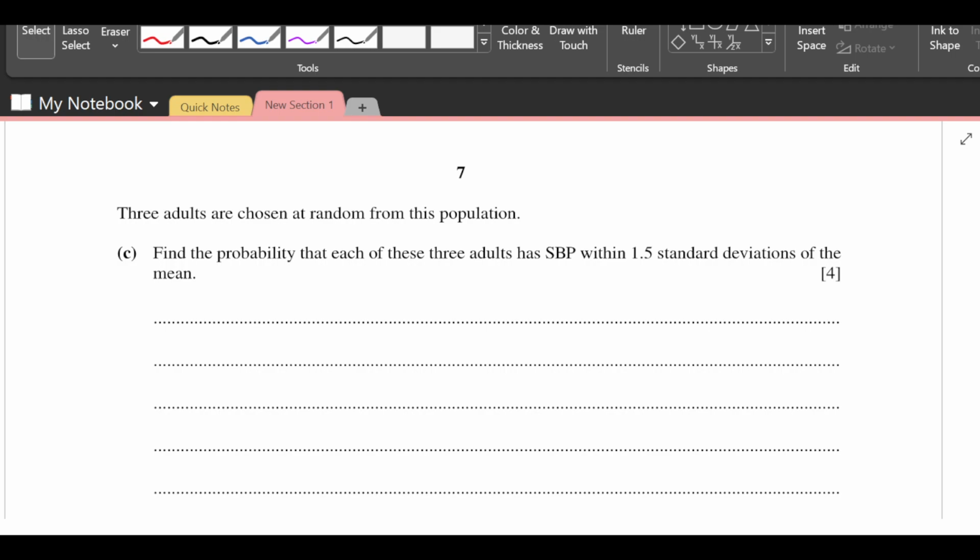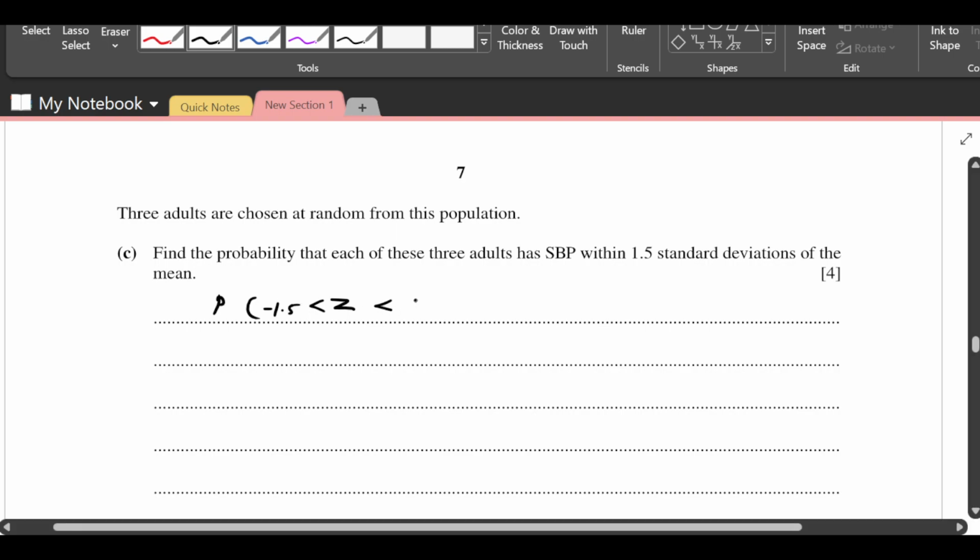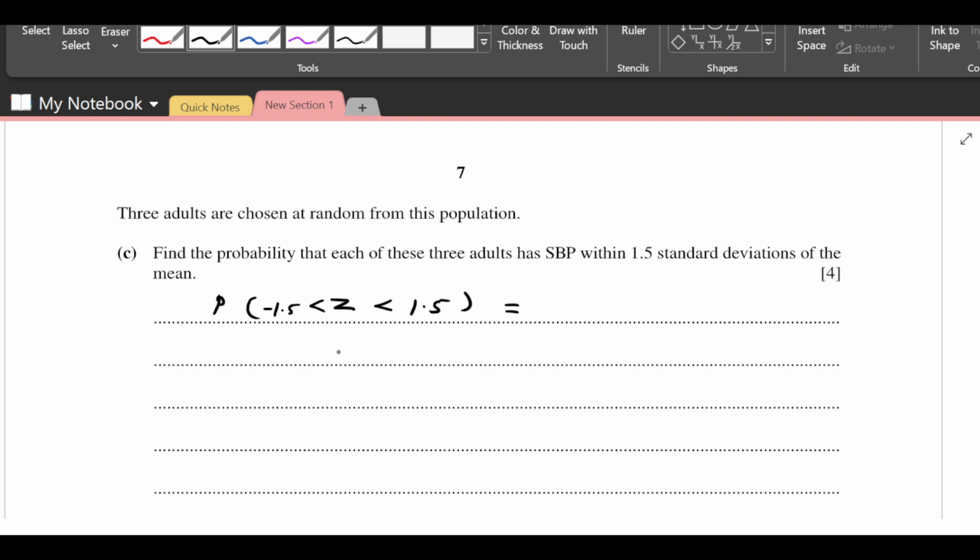So first I will find the probability that the systolic blood pressure is within 1.5 standard deviation of the mean. That means the probability of z greater than minus 1.5 and less than plus 1.5. Within 1.5 standard deviation means z will be greater than minus 1.5 and less than plus 1.5.